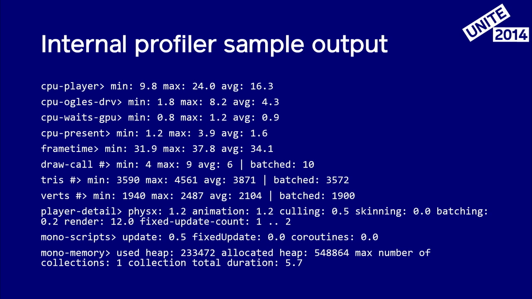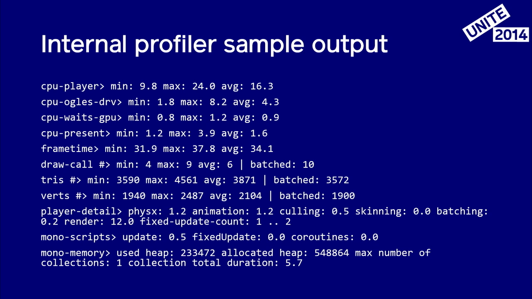In this case, you see there is a minimum 32 and maximum is 37. It's so because of evil garbage collection. That's the last one, mono memory. We see that there was only one collection and it took 5.7. So that's why that minimum and maximum are differentiated by 5.7.